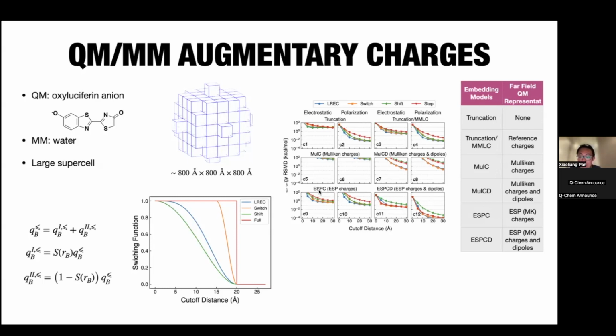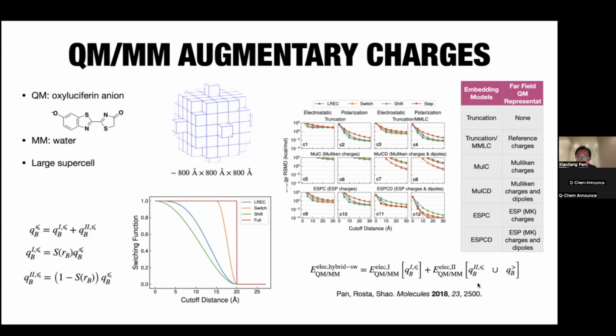If we use ESP charge, then we can get pretty good accuracy with even just a 10 angstrom cutoff. So this is what we recommend for the cutoff, and this is also a typical choice for pure MM simulations. So we just use the same cutoff for both QM/MM and MM/MM cutoffs.